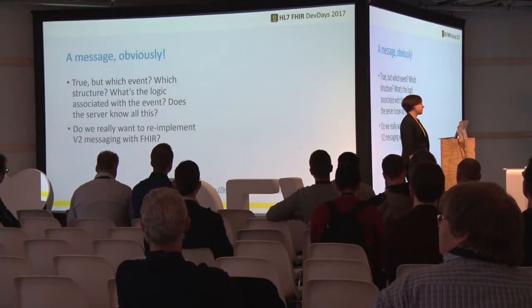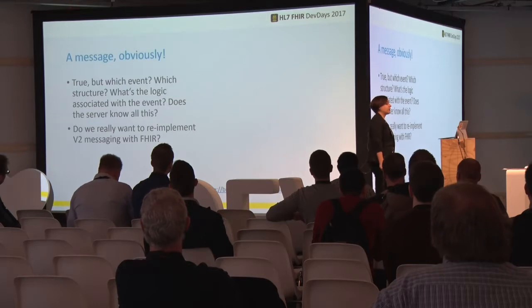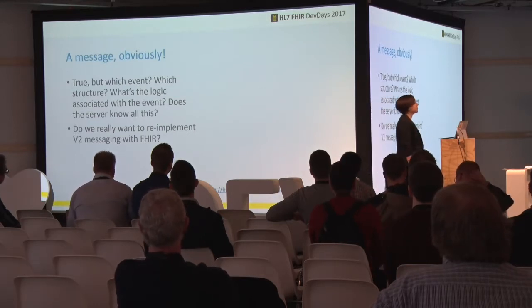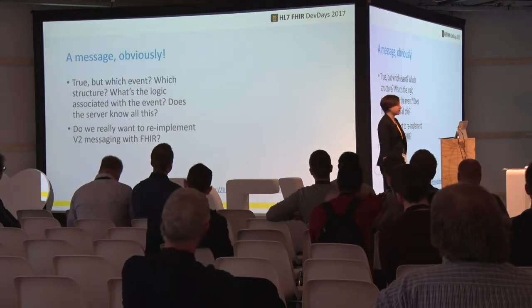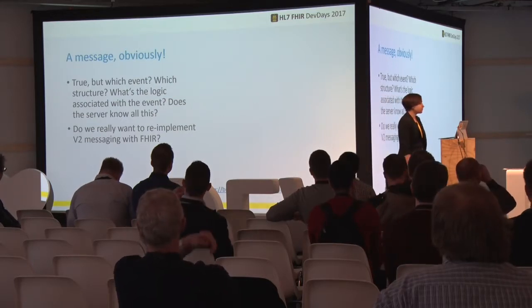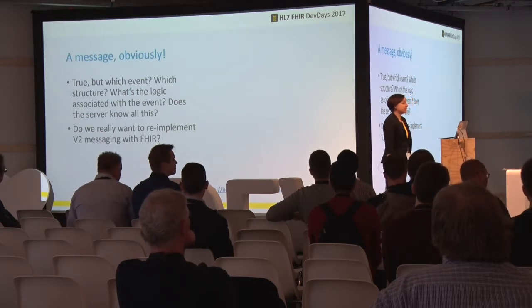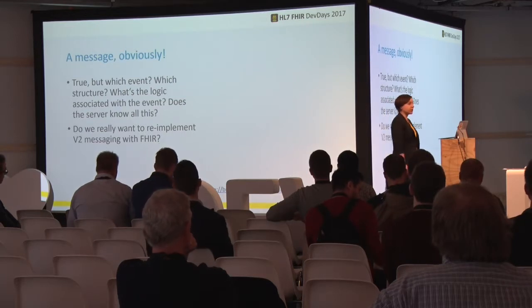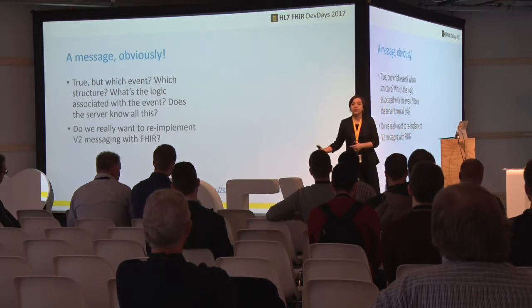But when you look at the specification for the messaging in FHIR, you will find that your message needs to have an event, like the version 2 message has an event saying it's ADT A01, this is your patient admission. In FHIR, you would expect to find a similar event definition and a message definition associated with the event that tells you what structure the message with this kind of event is supposed to have.